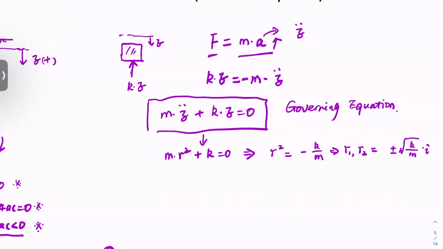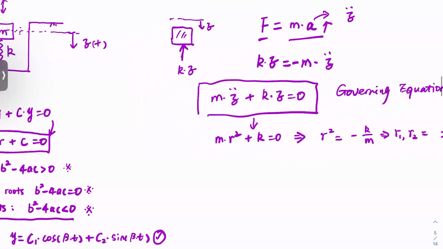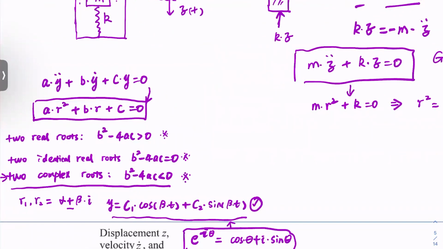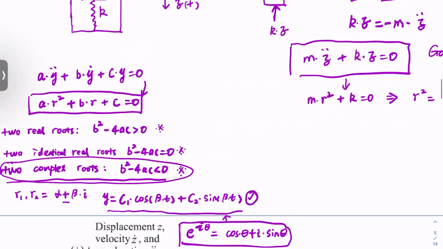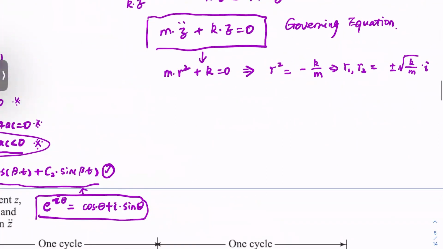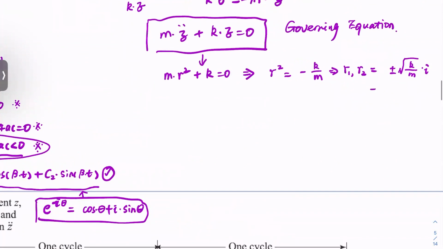So if there are two complex numbers, we should apply this case over here. Would you agree? Based on the roots, we can rewrite this as 0 plus and minus the square root of k over m times i.